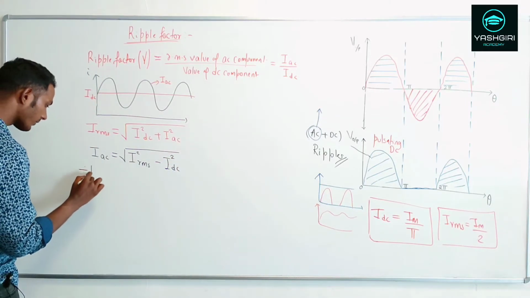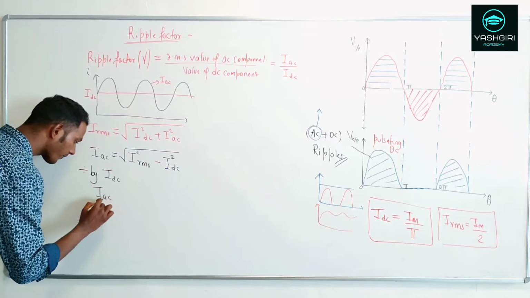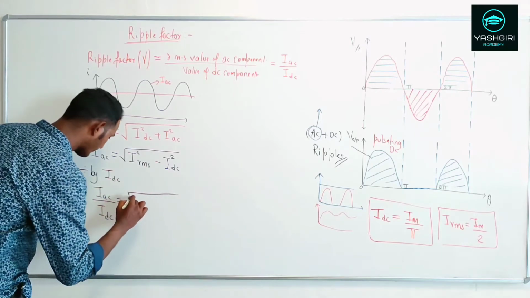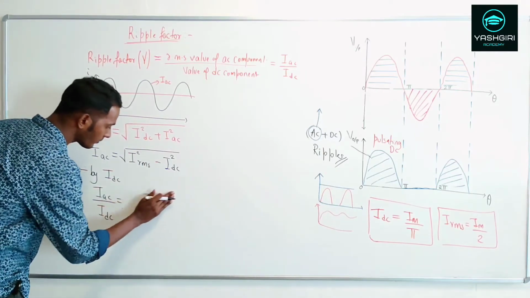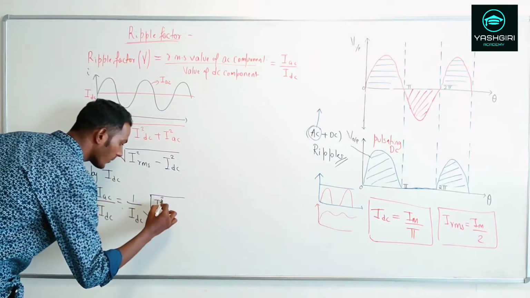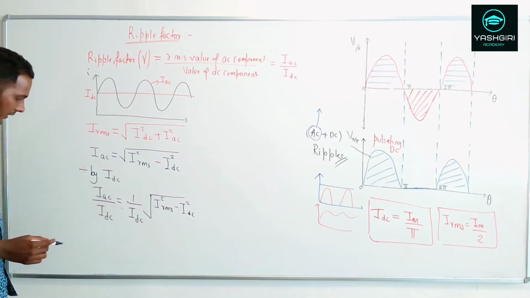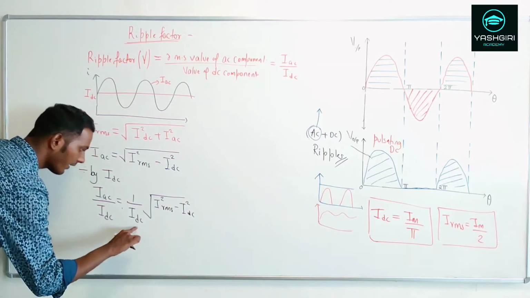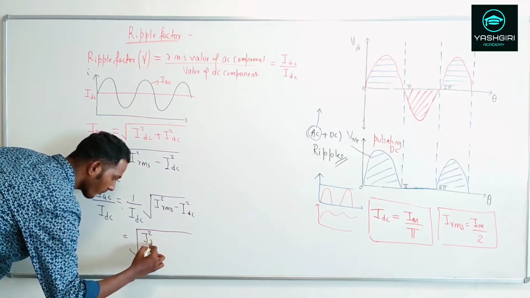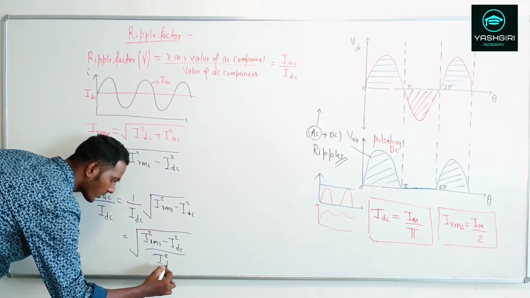Now I divide the equation by IDC, so IAC divided by IDC is equal to the square root of I square RMS minus I square DC, divided by I square DC.